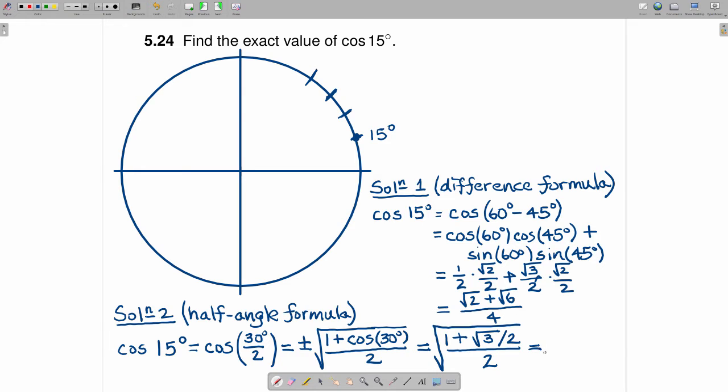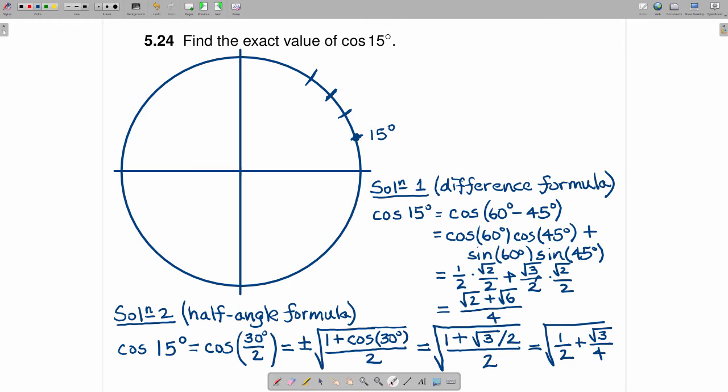So finally, to simplify this a little bit, if you take these two terms right here, 1 divided by 2 is a half, and the square root of 3 over 2 divided by 2 is the square root of 3 divided by 4. So in this case, you have a square root inside of a square root.